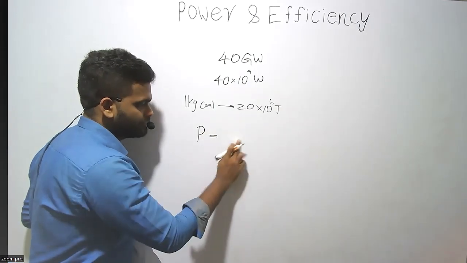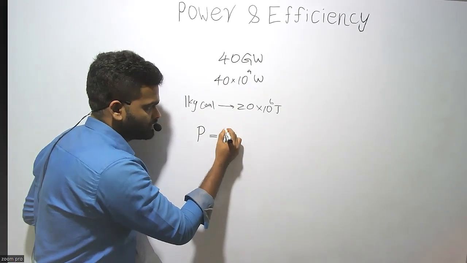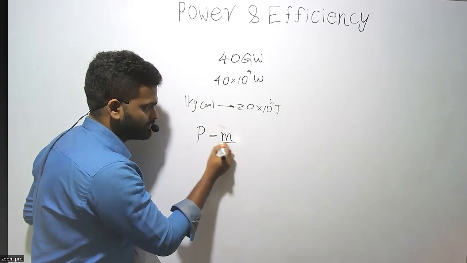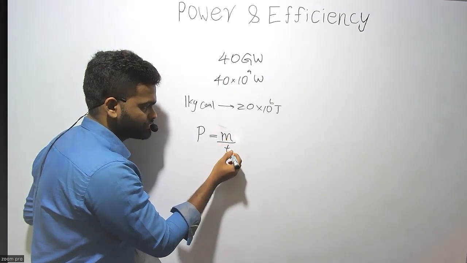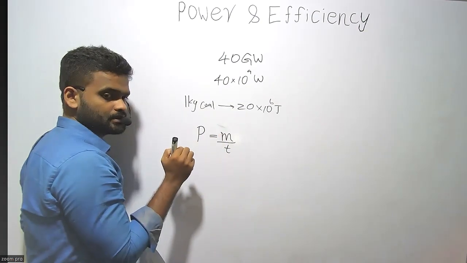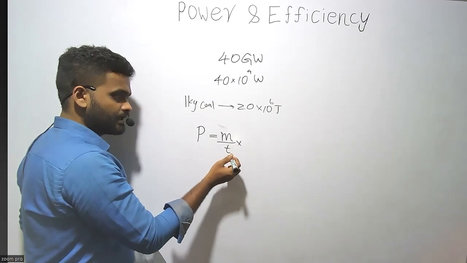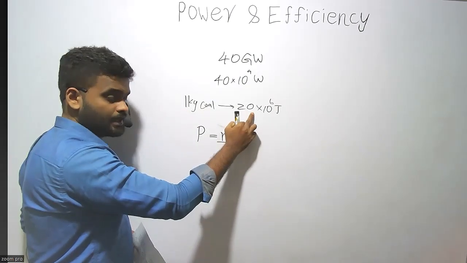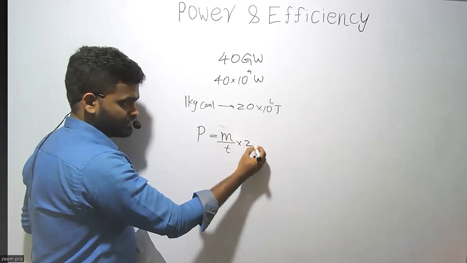Let's say per second you need to burn this much, let's say m over t. This is the mass rate. Per second this many kilograms is burned, and 1 kilogram has this much energy. Then you have to multiply that here.